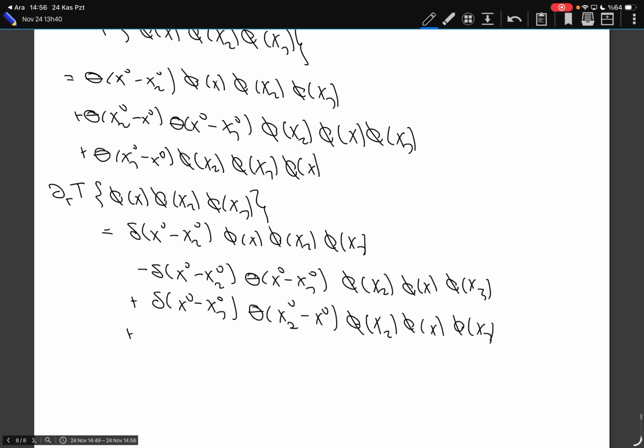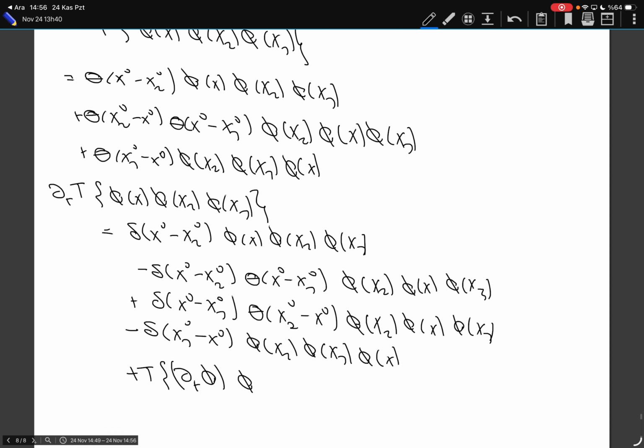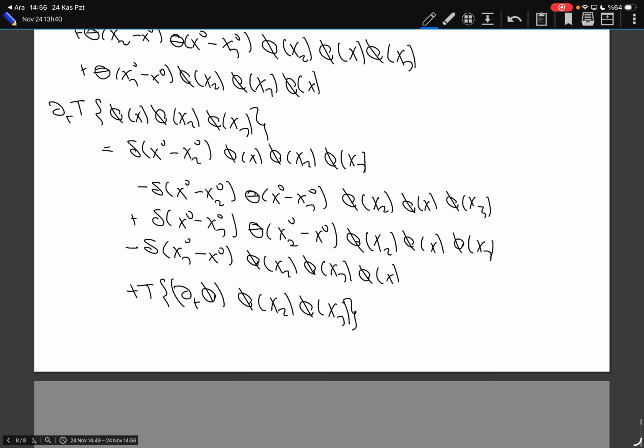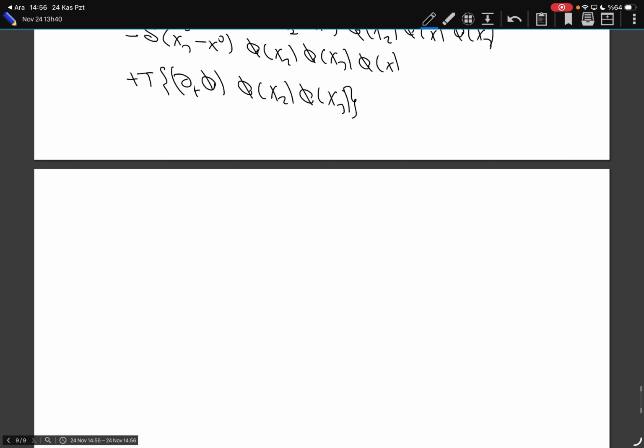Plus the last one, or minus. Then of course I have the derivative of phi itself, but those terms are nothing but the definition of the time-ordered product of the derivative of the field phi and phi of x2, phi of x3. So this is the first derivative.